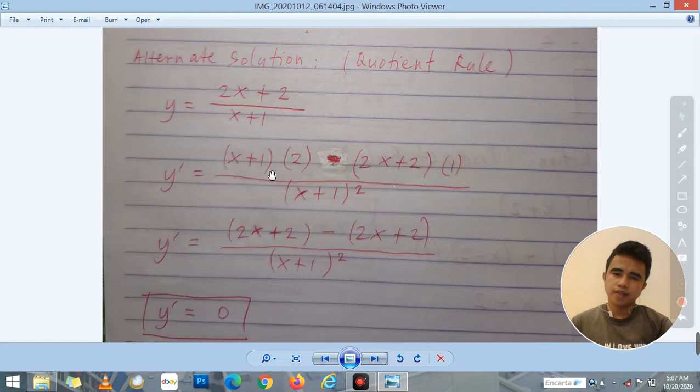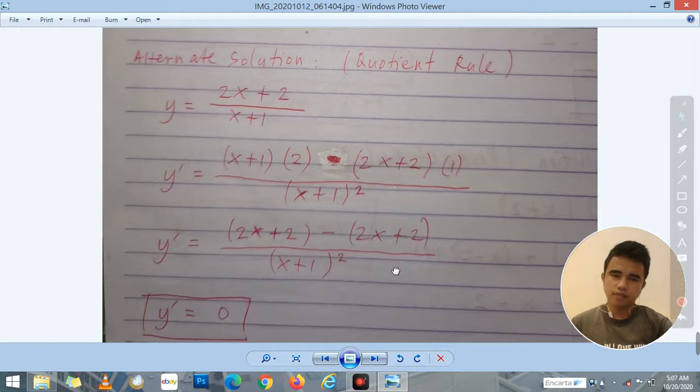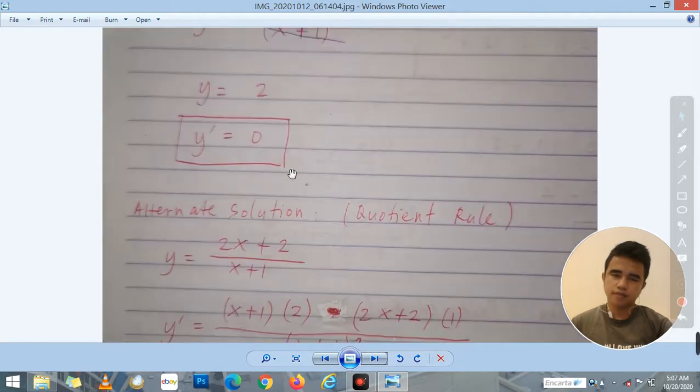Simplifying the numerator, we have this 2x plus 2 minus 2x plus 2. The numerator is equal to 0, so 0 over any value of the denominator except 0. We have 0, so the derivative of y is equal to 0. Same lang ang result.